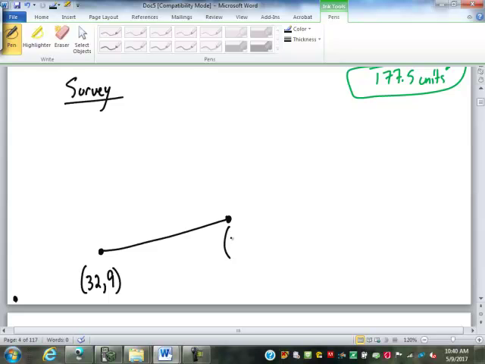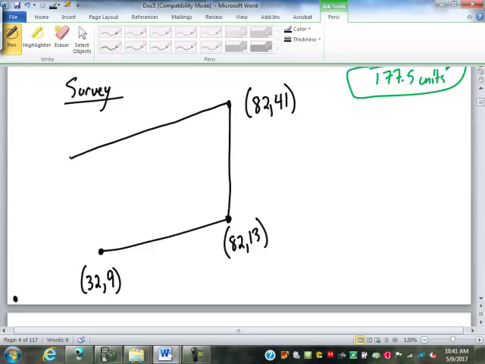Let's say that is 82, 13. Here is 82, 41. This is going to be 27, 29, and back to there.